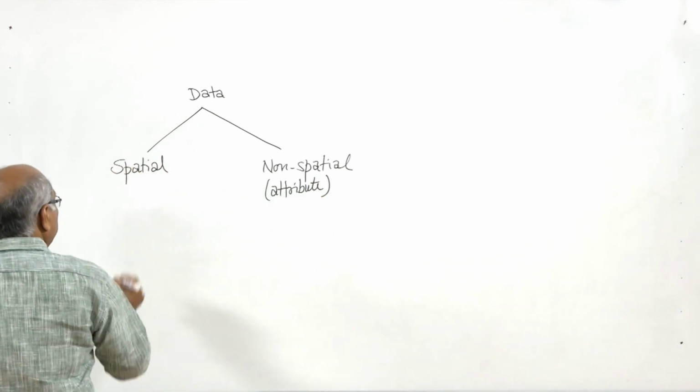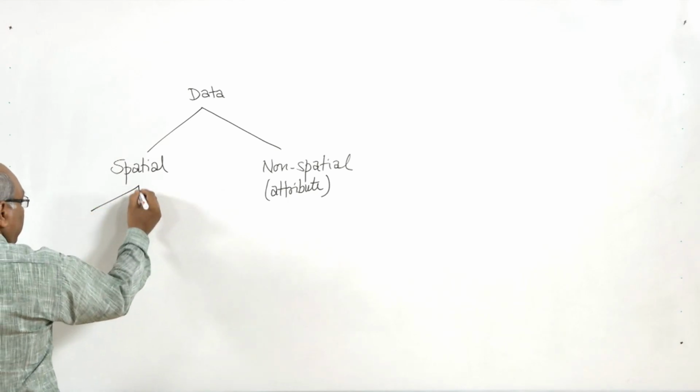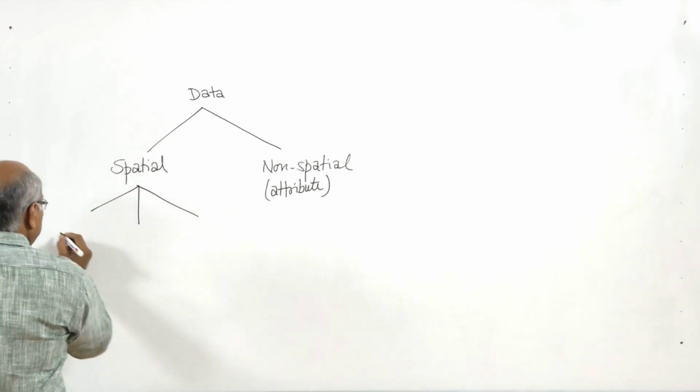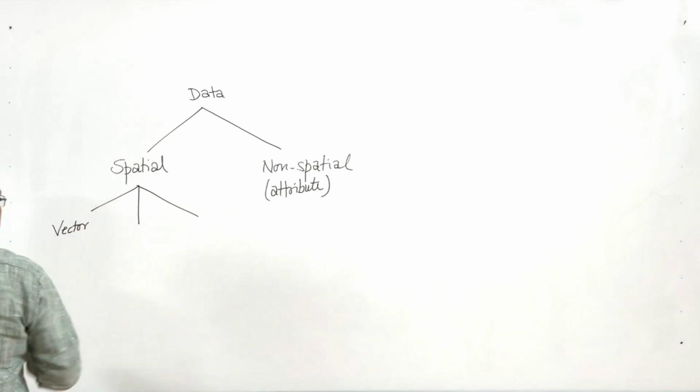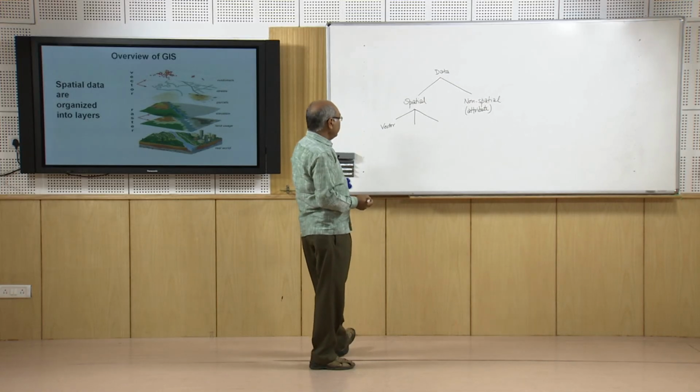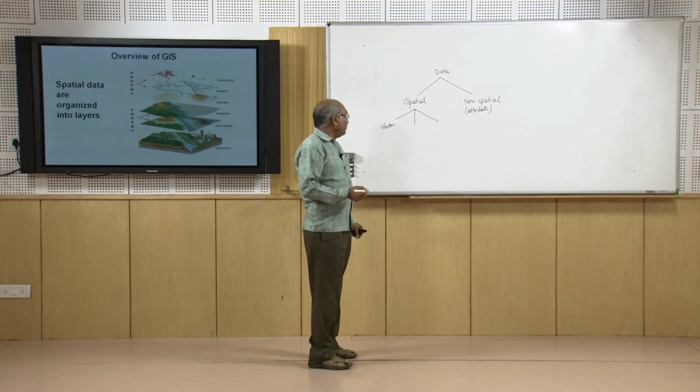Now spatial data can be divided into three main categories. One is the vector data. Again, the concept of vector has come from mathematics.